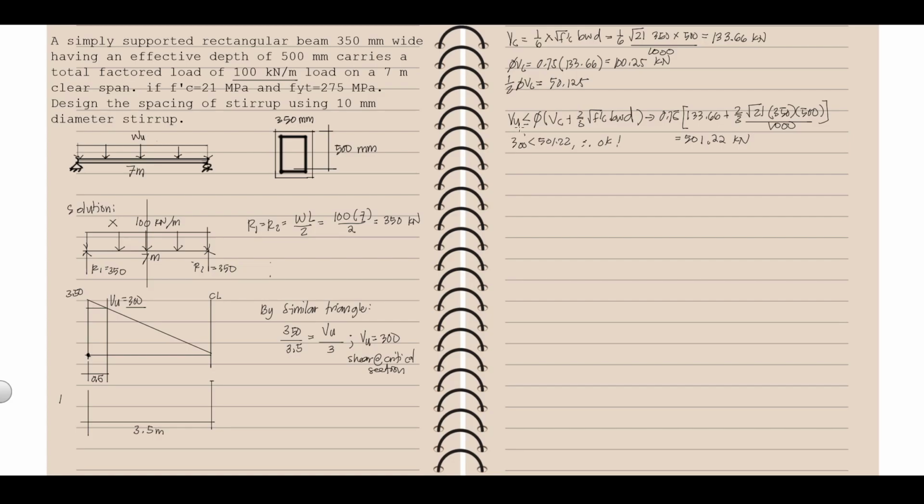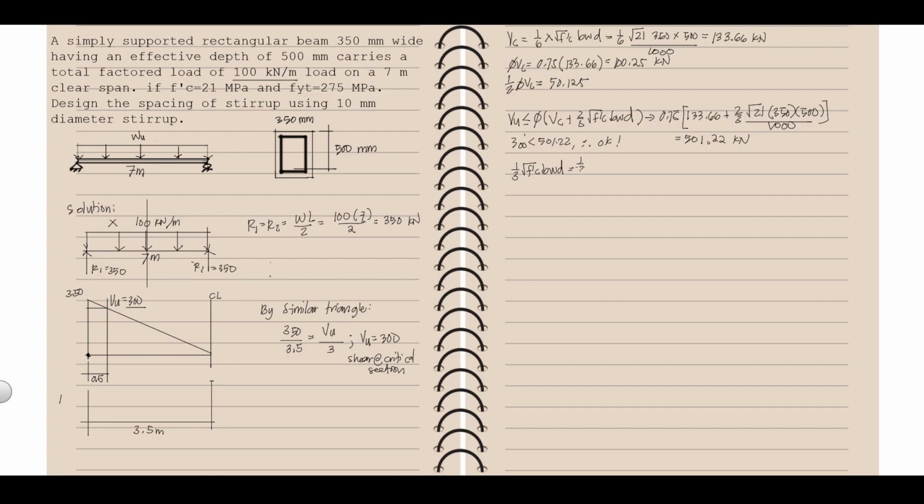So, next is, para dun sa maximum spacing natin, kailangan natin kunin yung value ng 1/3 square root of f prime c bwd. Ano kaya magiging value nito? Compute natin. So, 1/3 times square root of 21 times bw, that is 350 times 500. Then, divide natin ng 1,000. Okay?